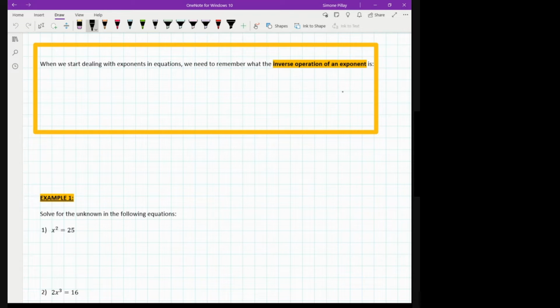Yes, it is square root. So when I have a number squared, the opposite of that will be to square root the number. In other words, the same way plus 1 minus 1 cancels out, if we have a number that's squared and we square root it, my square root cancels out and my square cancels out.